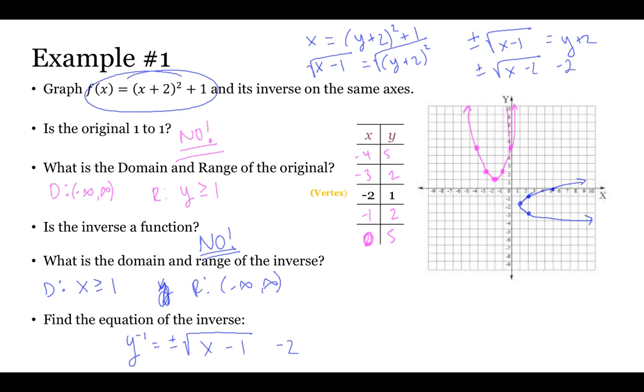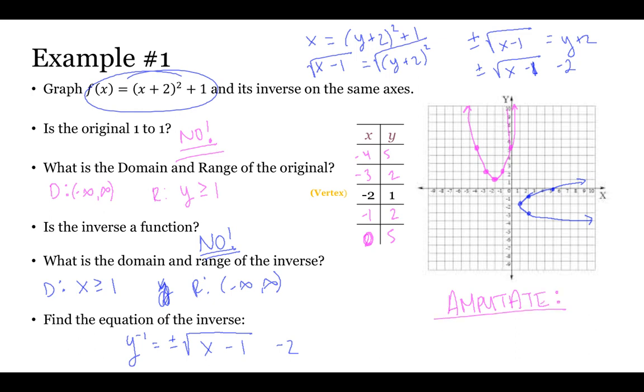Or maybe you're writing the -2 in front. Right? So let's say I told you to amputate this, and I wanted you to force this to be a function. I wanted you to force it to be a one-to-one function. What are different ways that you could amputate the original one?